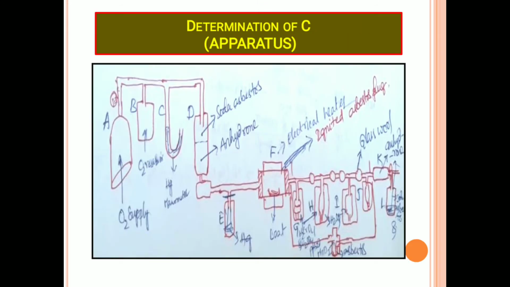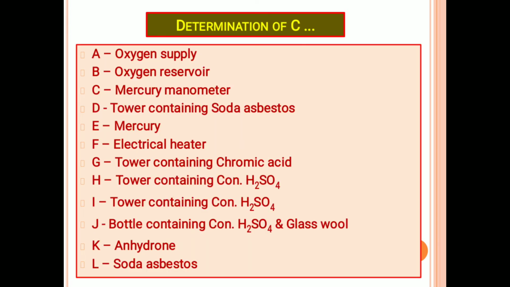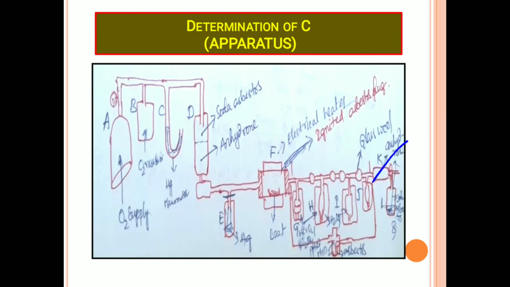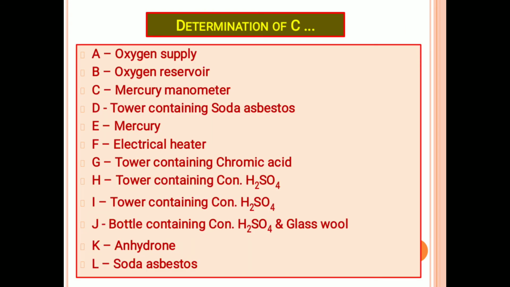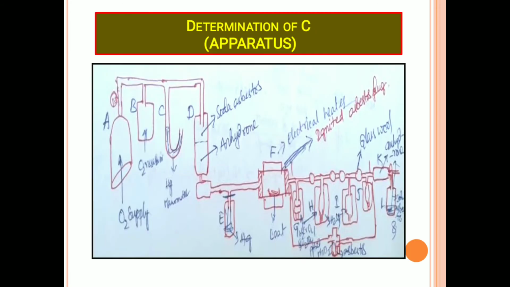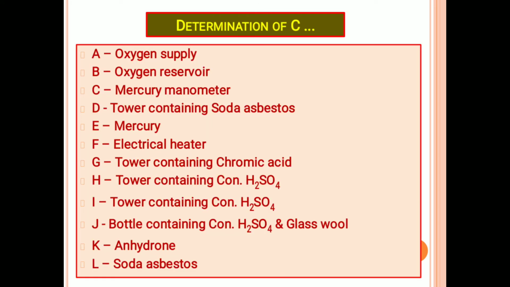You can observe the glass wool here. And K is anhydrone, which contains anhydrone. And L is soda asbestos. Okay, so this is the description of the apparatus which is used to determine the carbon which is present in a steel sample.